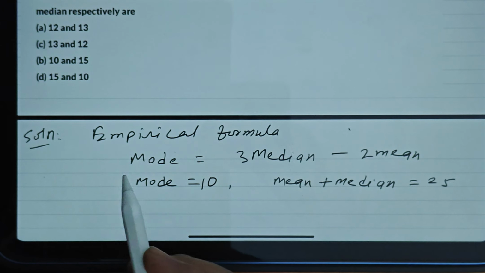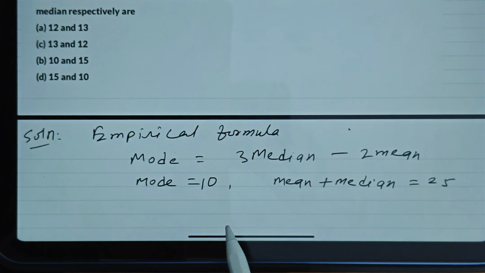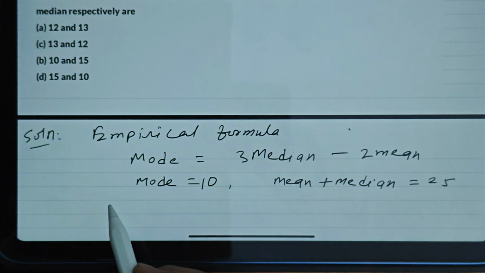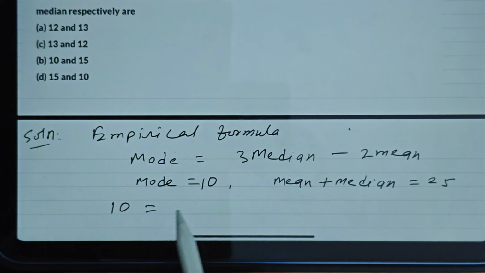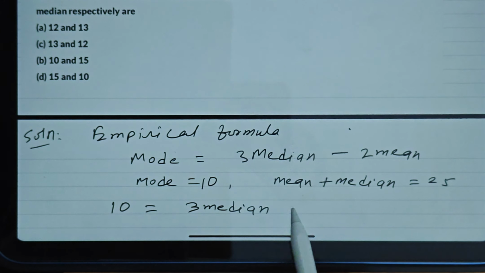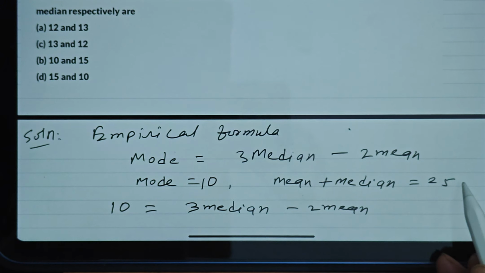Then you have to find the mean and median separately using these relations. Okay, so we will use this relation. Mode 10 is equal to 3 median minus 2 mean. Okay, now to solve this we will just multiply this equation by 2.